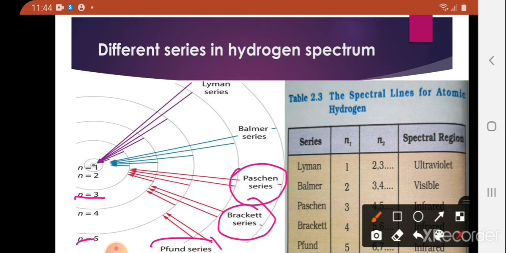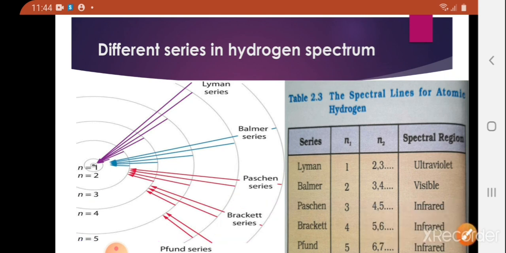In this tabular column we can see that the Lyman series lies in the ultraviolet region, and the Balmer series lies in the visible region. I have told you that it is the only series we can see. Other ones are the Paschen, Brackett and Pfund series. All these lie in the infrared region of the spectrum.